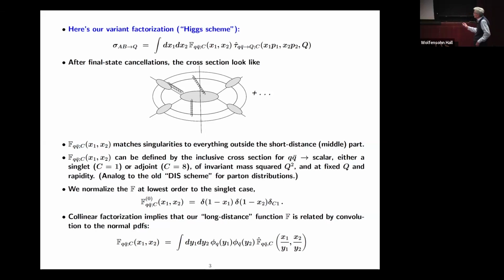Okay, so the last part of the proof of factorization is to cancel the infrared divergences to get what we normally call factorization. This is the step before that, where they are factorizable from the final state after we cancel final state interactions.